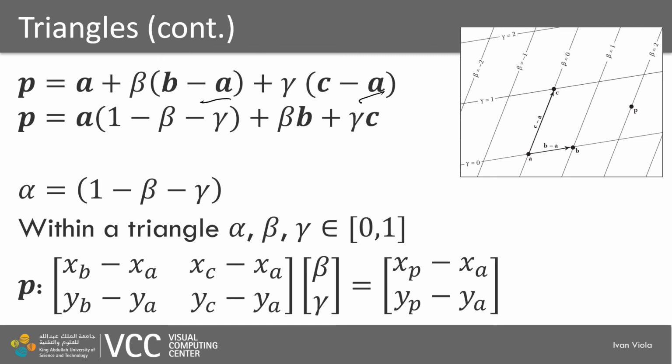So if we slightly reformulate this, we have a formulation where A is multiplied by 1 minus beta minus gamma, plus beta associated with B, plus gamma associated with C. And for the purpose of consistency, let's define that 1 minus beta minus gamma is equal to some alpha.